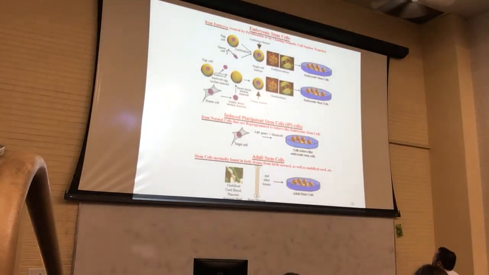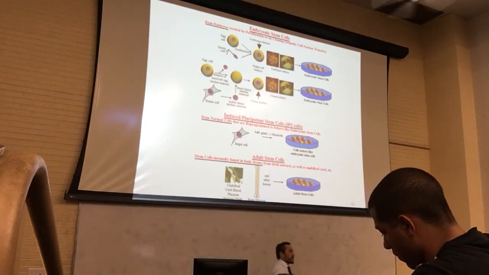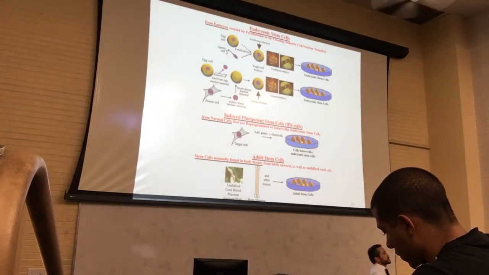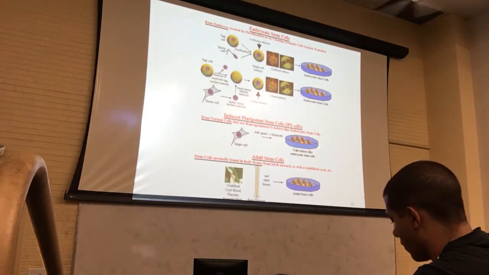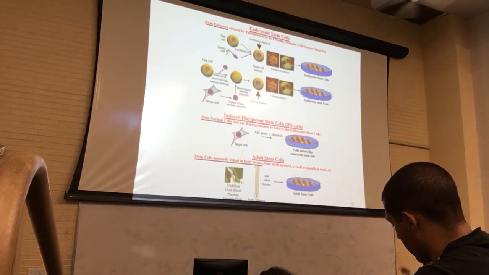So the two different types of embryonic stem cells up top. iPS cells are normal cells that are now programmed by transfecting them with stem-associated genes to make them behave more like embryonic stem cells. Okay? So we went through a whole phase of induced pluripotent stem cells to make them behave like embryonic stem cells.